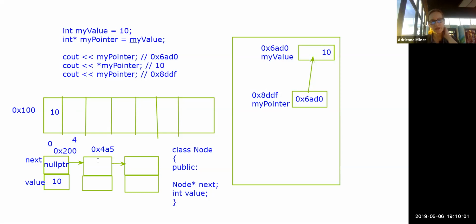So to make it point at it, we're going to set it equal to this new node value, which means that our null pointer will be replaced with 0x4A5.